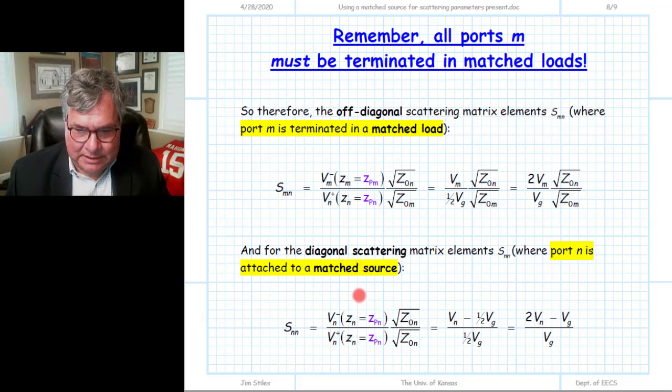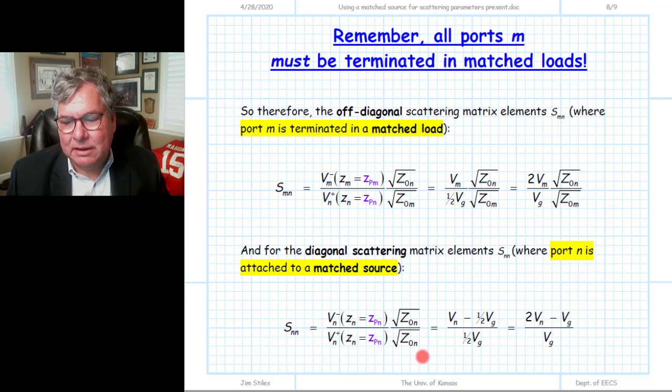We go through and take our scattering parameter definition with our normalized wave amplitudes, and we can write the scattering parameter for a diagonal element. In this case, m is equal to n, so this will be S11, S22, S33. There we write it in this form.